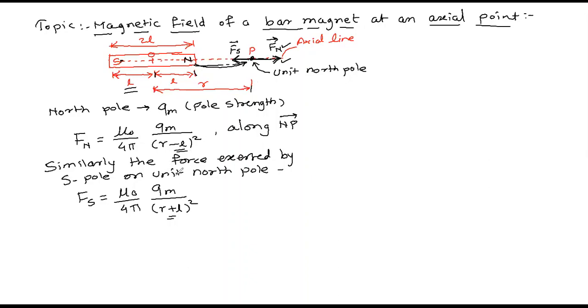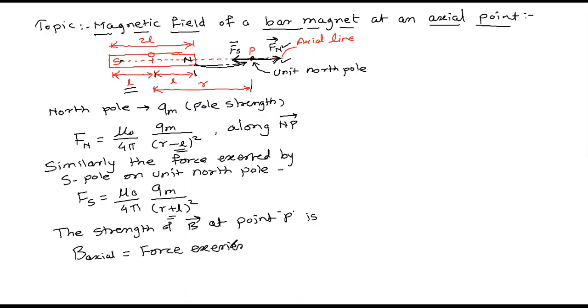So the strength of the magnetic field at point P, that is B axial, the magnetic field along the axial line, is equal to the force experienced by the unit north pole at point P. As you can see, these two forces are in opposite directions, and the force due to the north pole is greater than the force due to the south pole.